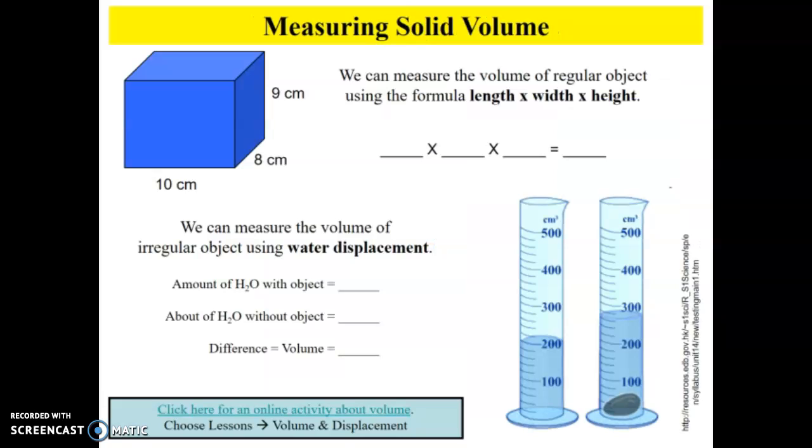All right, so again, I want you to try and figure out the volume of this shape to our left by using the length times width times height. So go ahead, if you need to grab a calculator, grab a calculator, but I'll give you a second to do that.